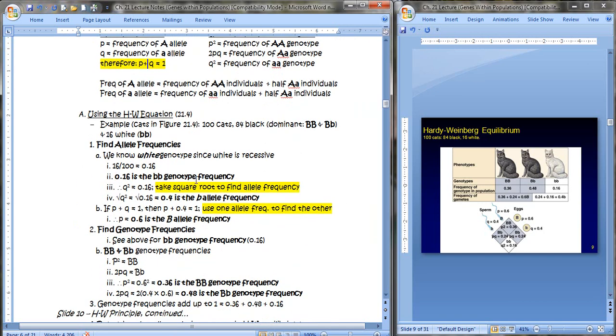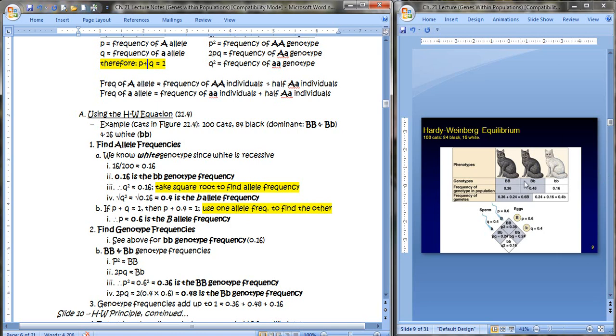The book that I got this picture from uses this example with some cats. Let's say that there were 100 cats, 84 black, 16 white, and you wanted to get at the allele frequencies of that population and how many were heterozygous versus homozygous dominant. And of course, we'll assume that dominant is black, just general inheritance patterns, no incomplete dominance or anything of that nature.